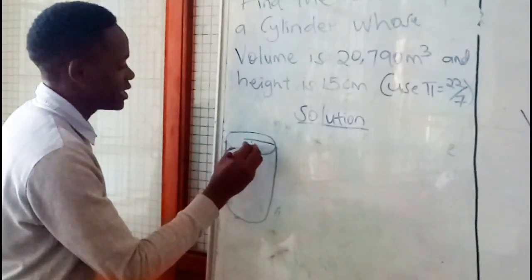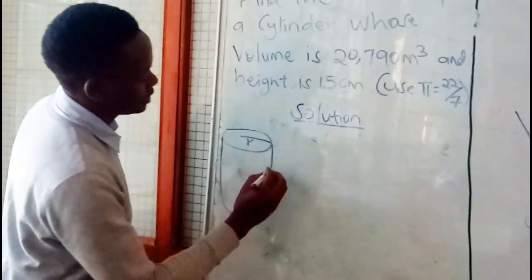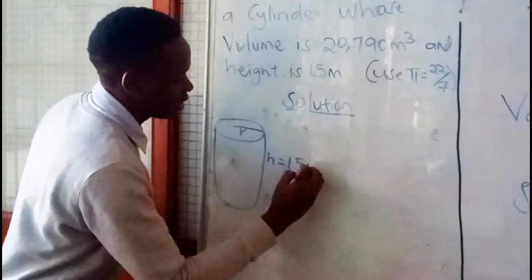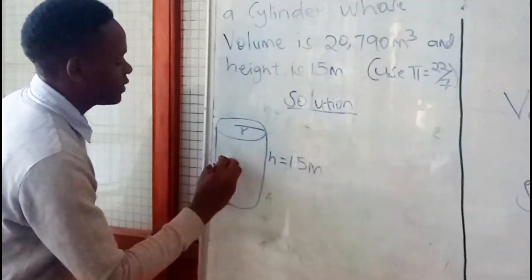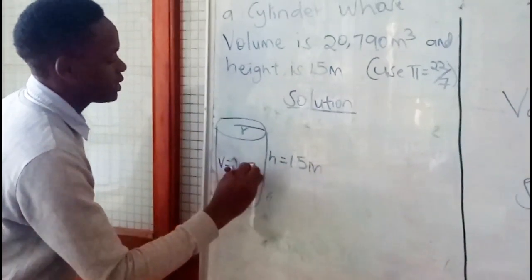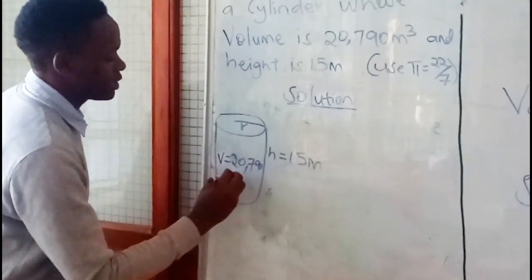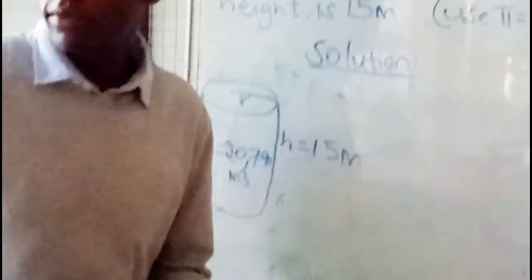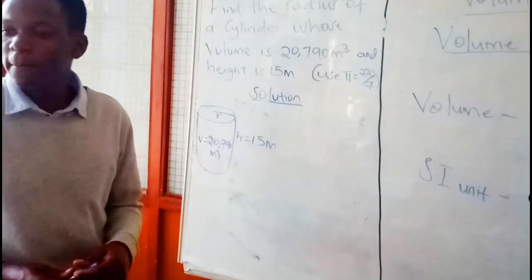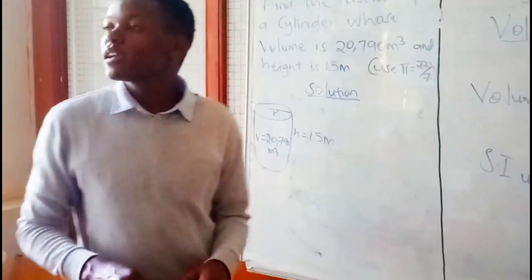Here we don't have the radius, but our height is 15 meters, and the volume you've been given as 20,790 meters cubed. Who can remind us the formula to find the volume of a cylinder? Yes, Dewi. To find the volume of a cylinder, volume is equal to pi r squared multiplied by height.